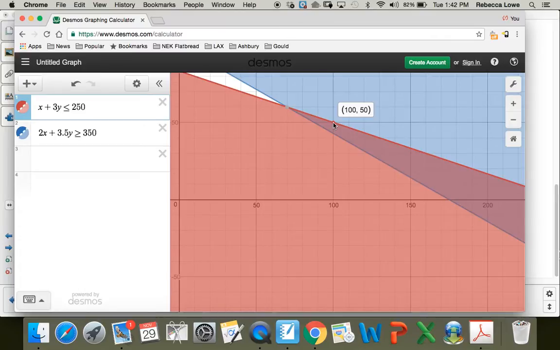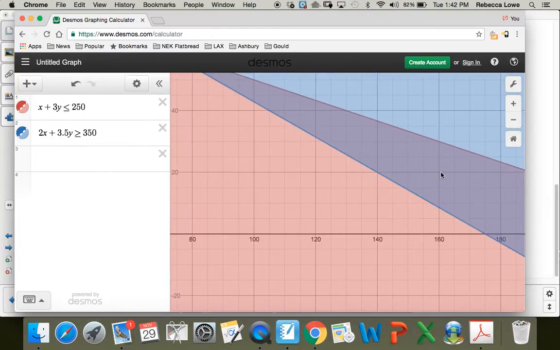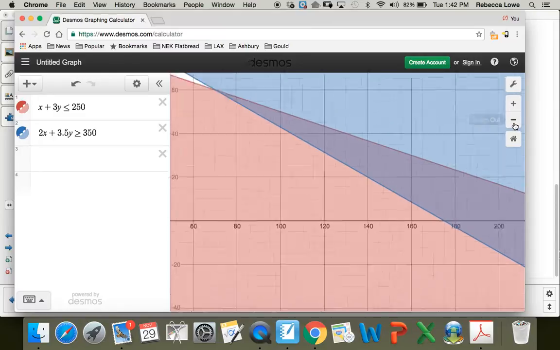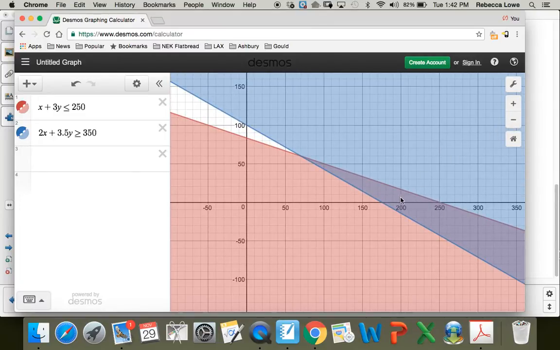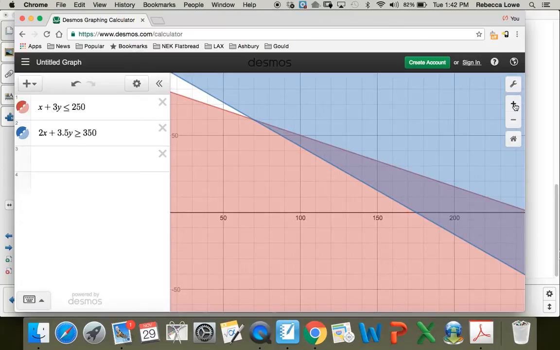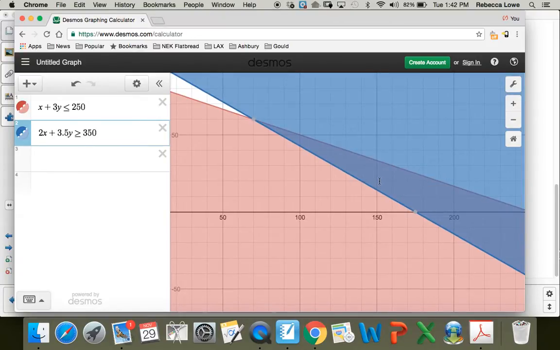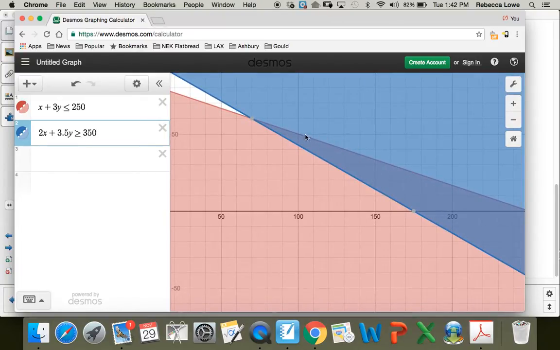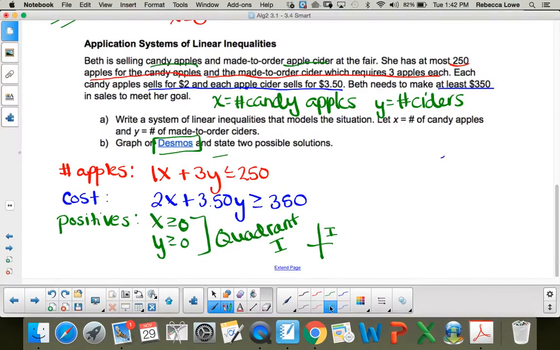That point right there. So let's use that as a test point and see if that works. Or we could do 150 candy apples and 20 ciders. Any point in this region we could test. So a test point would be 100 comma 50.